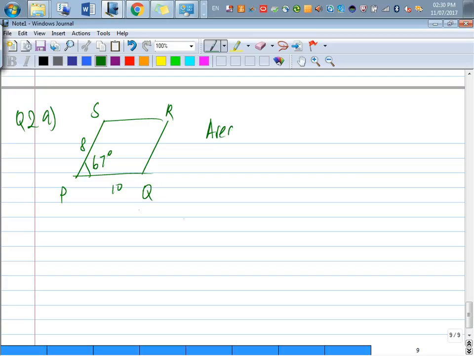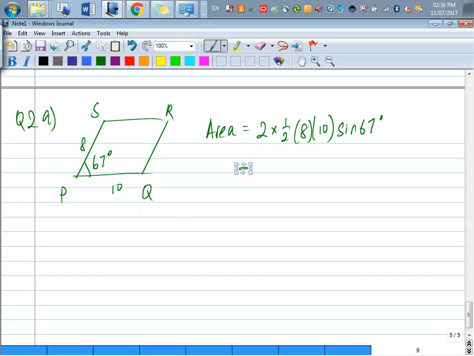So area equals 2 times half times 8 times 10 times sine 67 degrees.